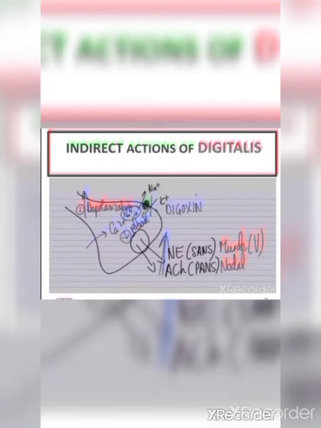Now let's talk about the indirect actions of Digitalis or the Digitalis group of drugs, digoxin or digitoxin. As you can see on this slide, you have a prejunctional neuron or presynaptic neuron, and on this presynaptic neuron you have lots of sodium potassium ATPase pumps. Digoxin, after binding to the potassium side of the pump, inhibits it, and the same thing will happen here as well.